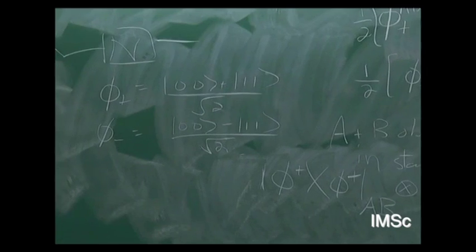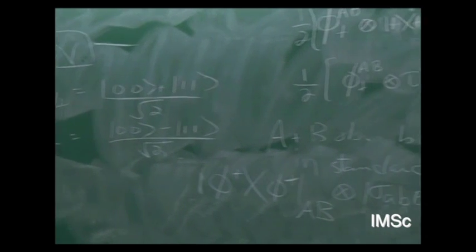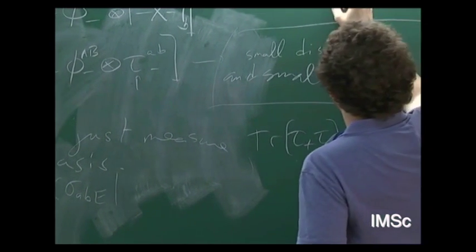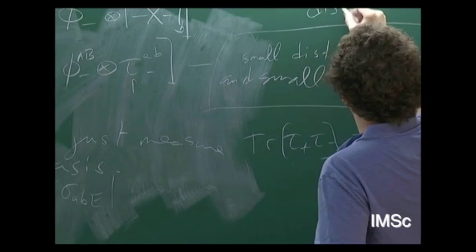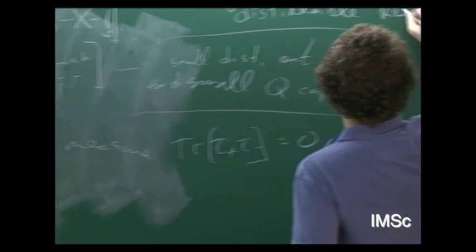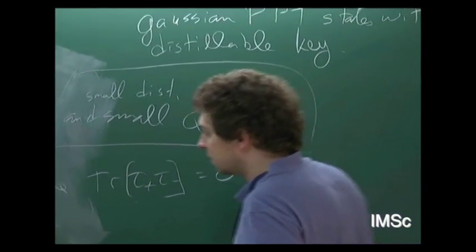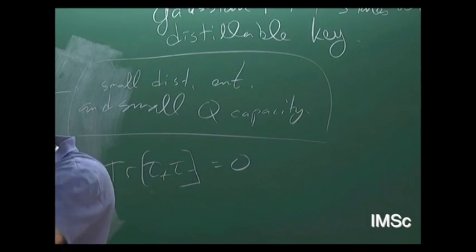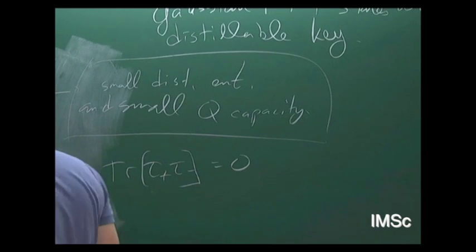So I think it's a really interesting question here, which is, do you have Gaussian states with a distillable key? Which I haven't defined, but the point is it's just like distillable entanglement, but now what you want to do is distill classical correlations that are uncorrelated with the environment of the state.